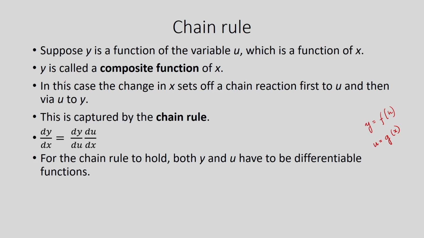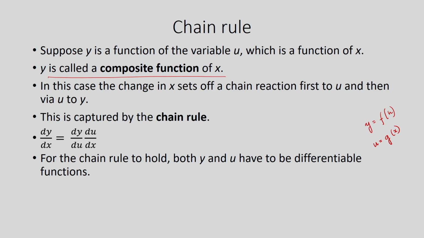So, y is called a composite function of x, because there are two functions involved here. One is the f function, which is a function of u, and the other function is the g function, which is a function of x. So, y therefore is called a composite function. It involves more than one function of x.